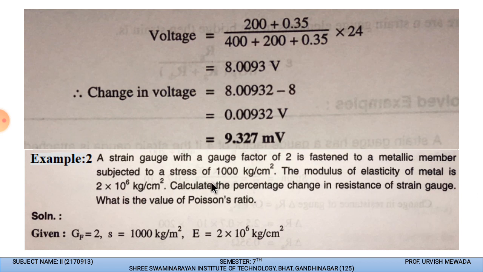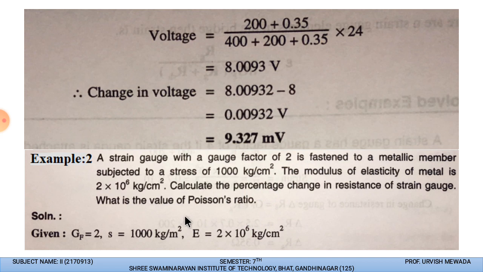We will check the percentage change, meaning the ratio of the resistance change when the stress is applied, to the resistance when it is not applied. So what is the value of Poisson's ratio? We need to determine the value of Poisson's ratio, small v.